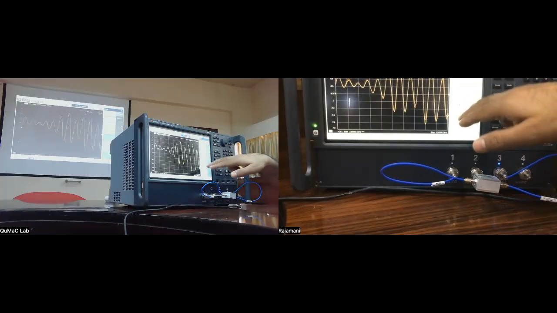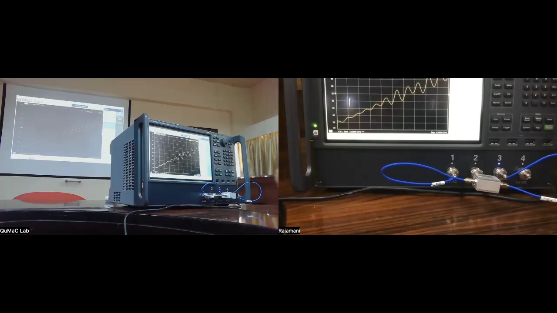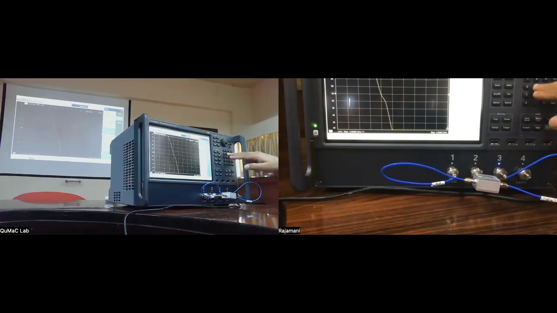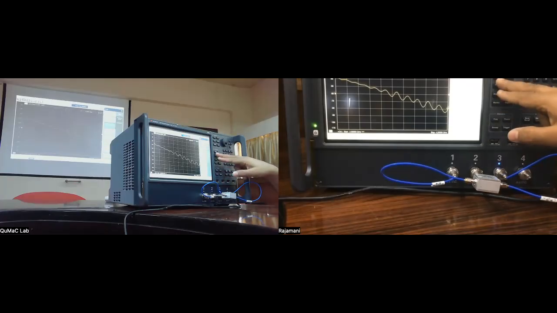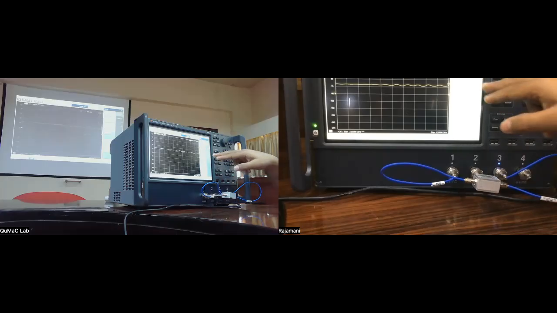Finally, we look at the phase. That memory.